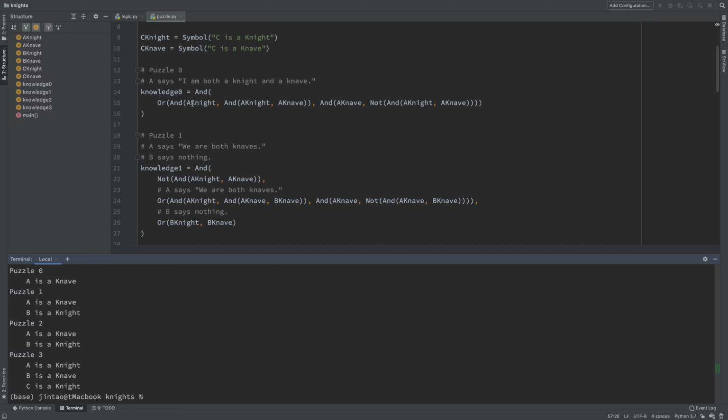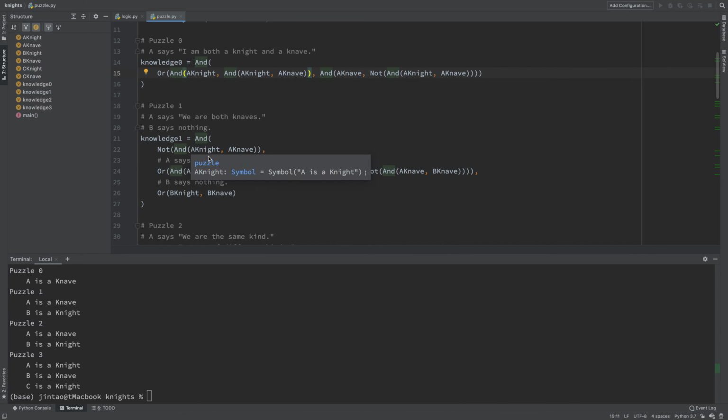If A is a knight, his statement is going to be true, and if A is not a knight, which is a knave, his statement is not true. Because A can only be a knight or a knave, when we combine these two statements, we use the or statement. By combining this information, we can draw the conclusion that A is a knave.